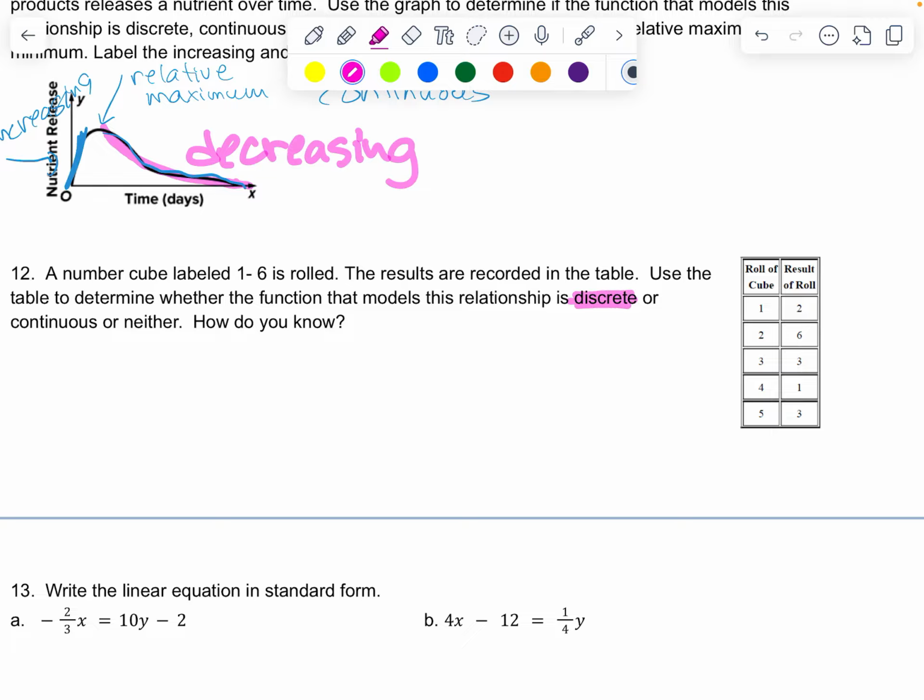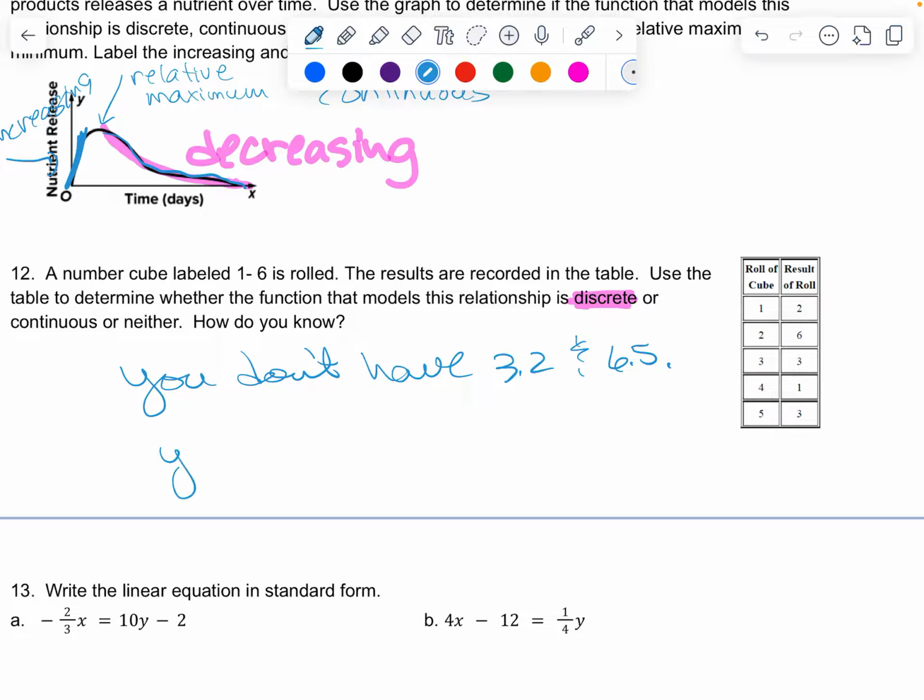It's discrete because you don't have 3.2 and 6.5. You only have whole numbers.